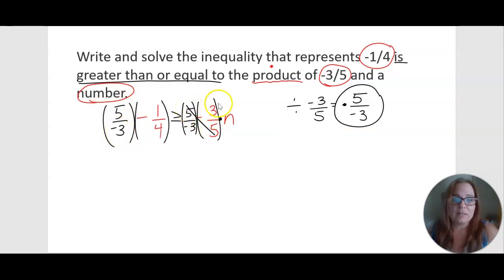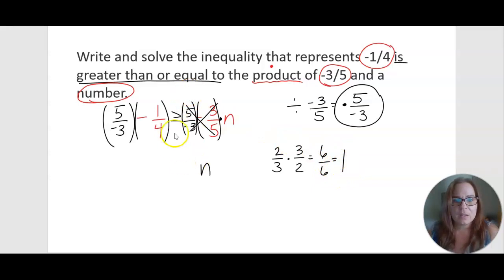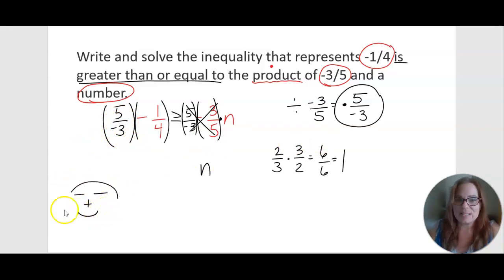On the right, that equals 1. Any number, like any fraction times its reciprocal, is always going to give you the same number over itself, so that's why it's always going to be 1. Then on the left, I have a negative times a negative, and that's a positive.